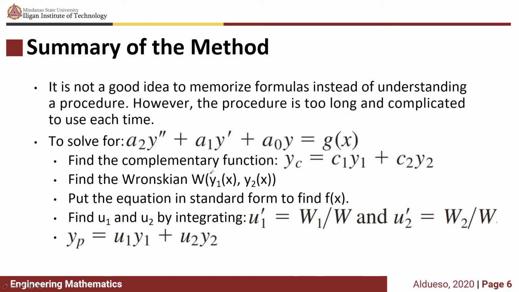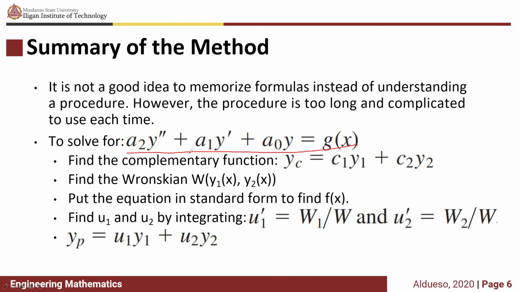So in order for us to solve a second order differential equation of this form, first we need to find the complementary function yc equal to c1 y1 plus c2 y2. And then find the Wronskian of y1 of x and y2 of x. And third, put the equation in its standard form to find f of x.